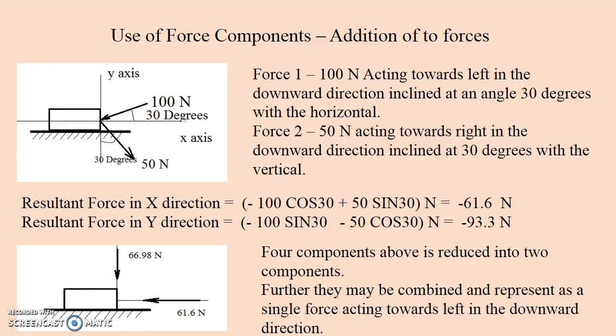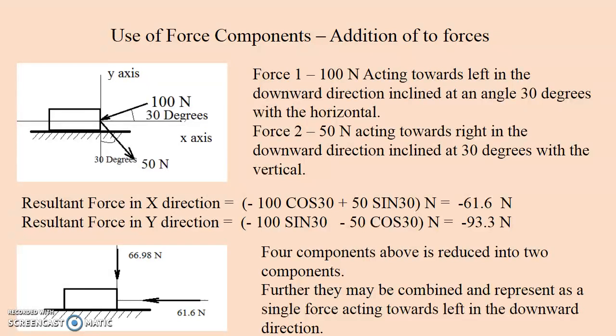Now the combined effect in the y direction, that is the resultant force in y direction, is equal to the y component of the 100 Newton force, that is 100 sin 30, which is acting in the downward direction, so minus 100 sin 30, and the y component of the 50 Newton force is 50 cos 30, which is also acting in the downward direction. So the sum of these two is minus 100 sin 30 minus 50 cos 30, which is equal to minus 93.9 newtons.